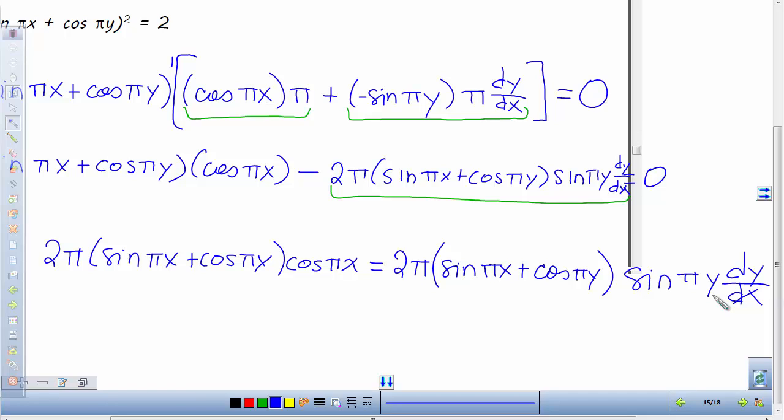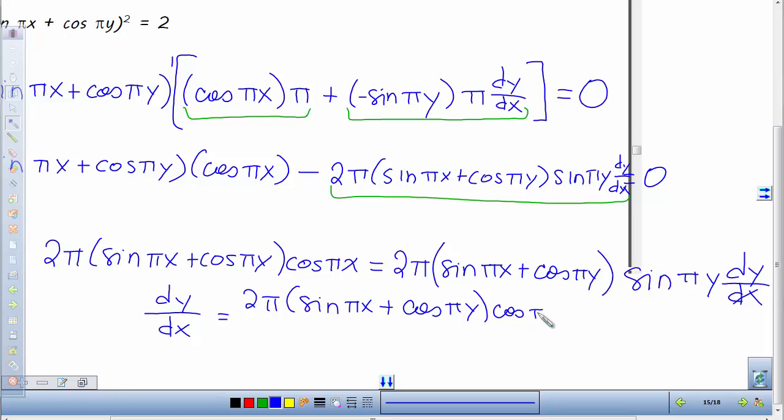So we get dy dx equals 2 pi sine pi x plus cosine pi y times cosine pi x, all over.